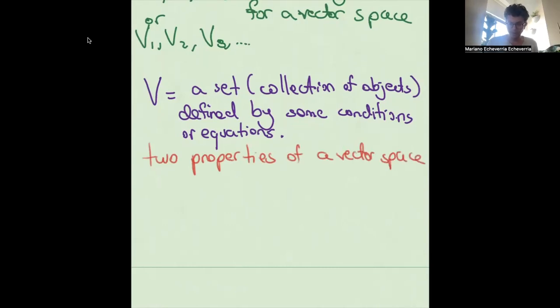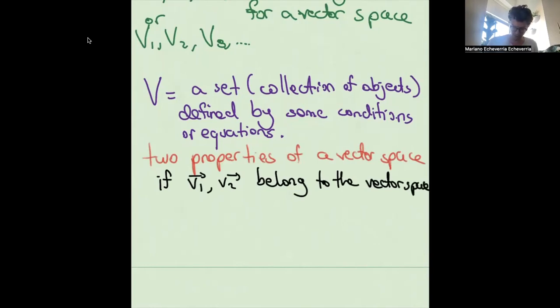The first one is that if you have two elements inside a vector space, so if V1 and V2 belong to the vector space, then their sum also belongs to the vector space.